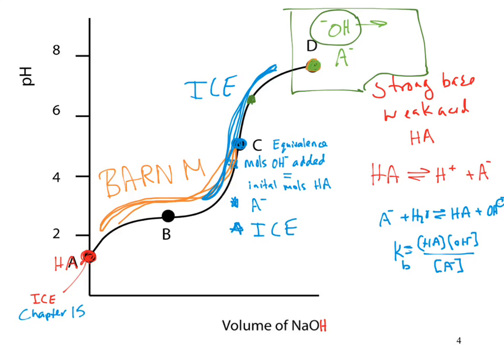All right? As far as what I will test you on, we've got chapter 15 at point A. We have chapter 15 at point D, because what's happening at point D, it is just the strong acid or base, exactly what we did in 15. What did we do in 16? 16 was somewhere along this transition, our buffer zone, okay, or where our pH starts to change.